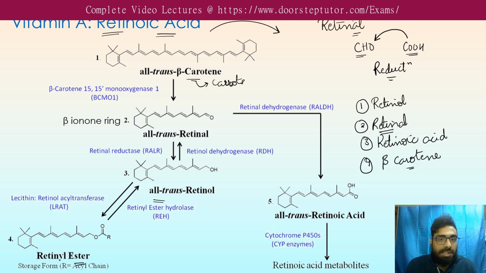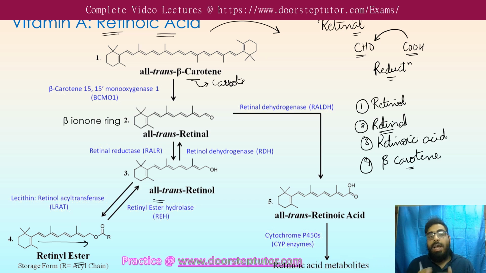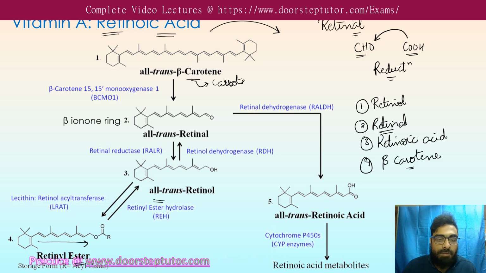Now if you notice this structure, there is no kink here. It's a simple structure, which means this is the trans structure of retinol. With the help of the enzymes retinyl ester hydrolase and retinol acyltransferase, it can be easily converted from retinyl esters to retinol.